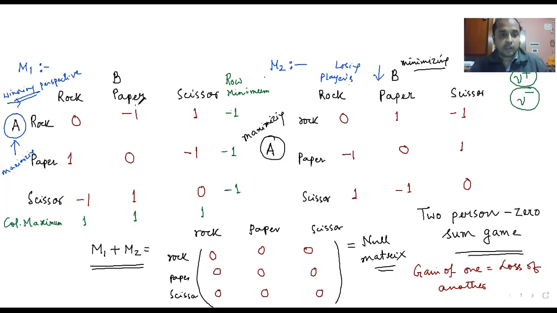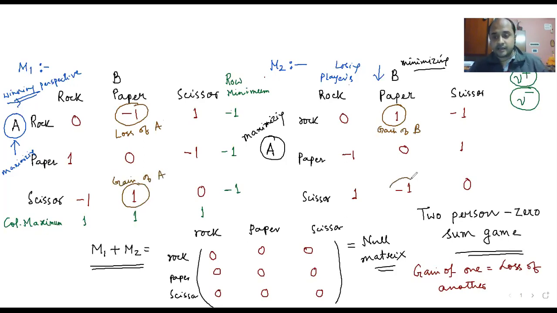If this is the loss of player A, then in the second matrix, we are seeing that this is the gain of B. If this is the gain of player A, then this is the loss of player B. So this is player B's perspective, and that is player A's perspective.